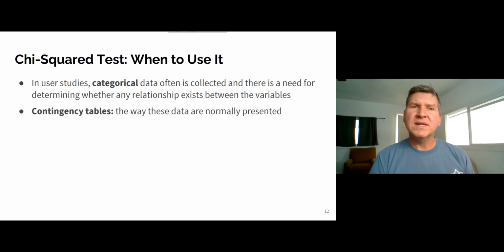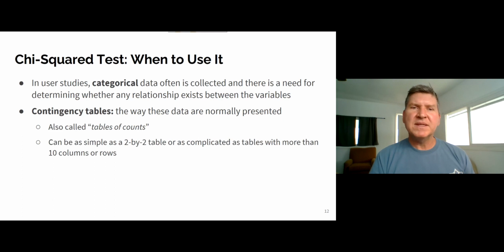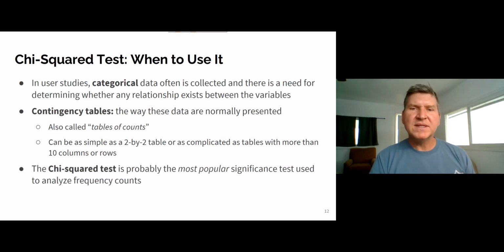We use contingency tables, which are how the data is normally presented. Now, a contingency table could be a 2x2 or a 3x3. We'll see some examples here. These are also called tables of counts. And they could be a simple 2x2 table, or you could have 10x10. The chi-squared test is probably the most popular significance test when we analyze frequency counts.